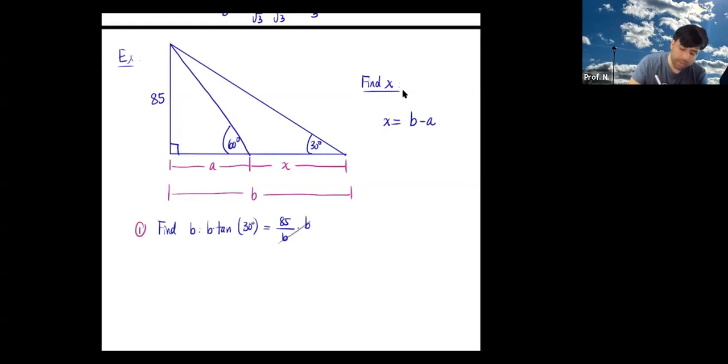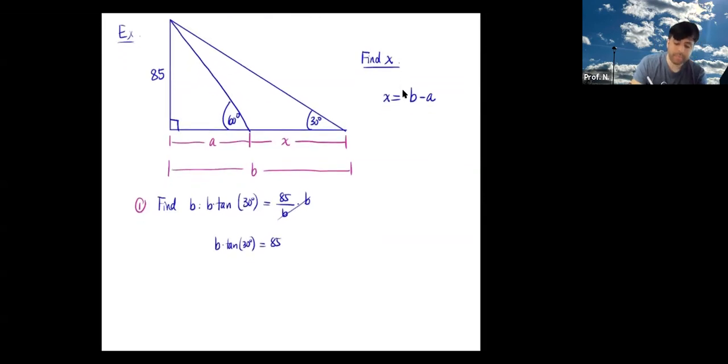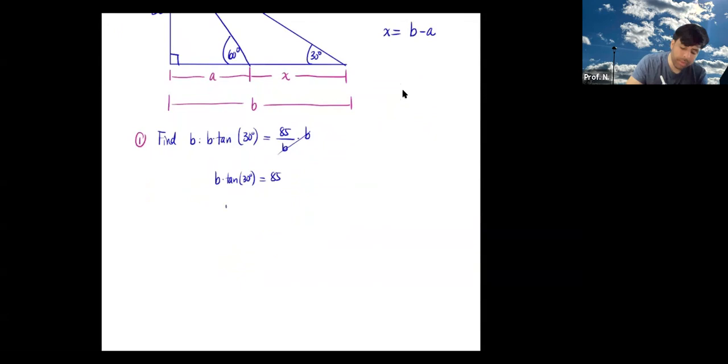The B's here cancel, and I'm left with B times tangent of 30 degrees equals 85. Tangent 30 degrees, we just wrote that. It's rad 3 over 3. That equals 85. But I want to get rad 3 over 3 on the other side. So what do I do? I multiply by the reciprocal. That's how we get rid of the fractions.